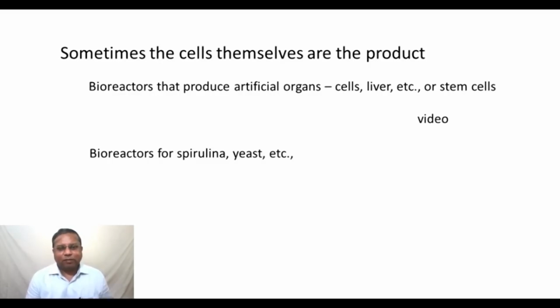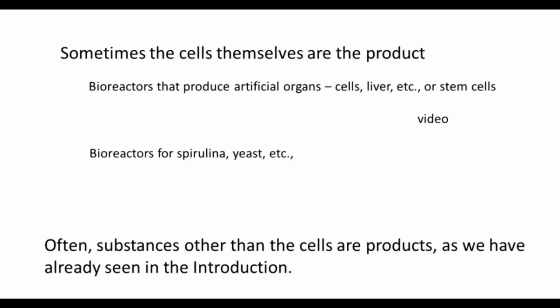Similar is the case with something called single cell protein. Single cell protein was very popular in the 1970s and 80s as fodder for cattle. They are nothing but yeast cells, and they are also grown in bioreactors, processed, and then provided as fodder for the cattle. In these two cases, spirulina and single cell protein, the cells themselves are the products.